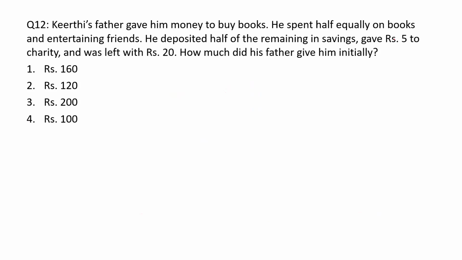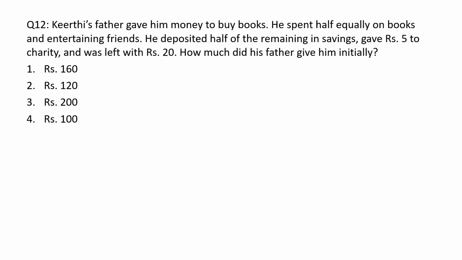Kirti's father gave him money to buy books. Now he spent half equally on books and entertaining friends. He deposited half of the remaining in savings, gave 5 rupees to charity, and was left with 20 rupees. How much did his father give him initially?